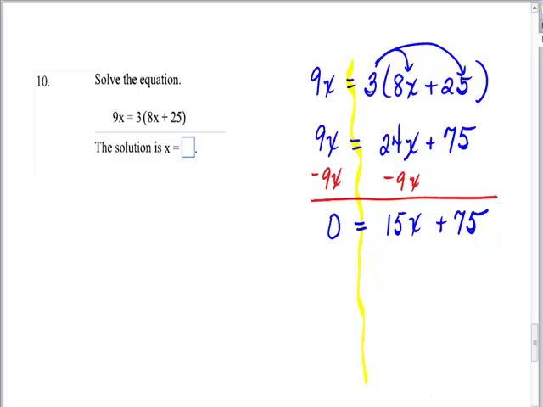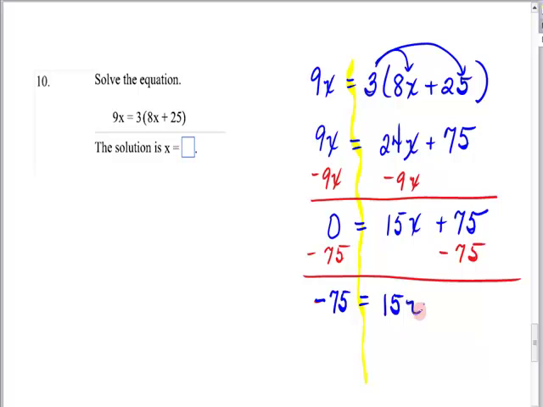I'm going to get rid of the constant. I'm going to subtract 75, subtract 75. That gives me negative 75. Whoops, I don't do that in red. Negative 75 is equal to 15x, and those canceled out.